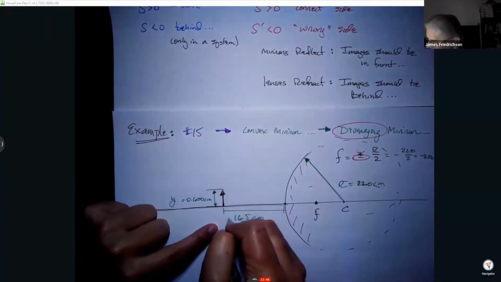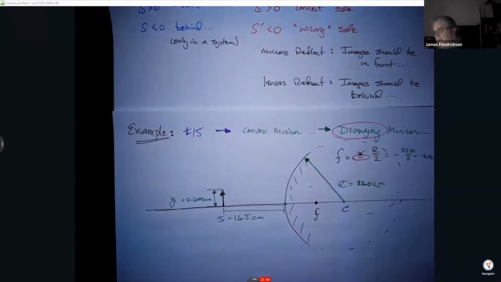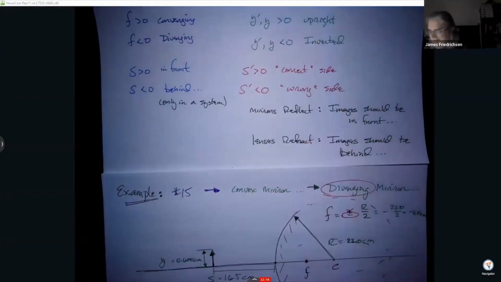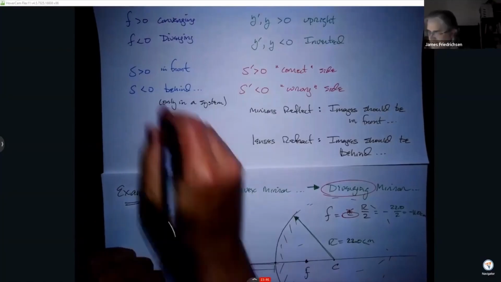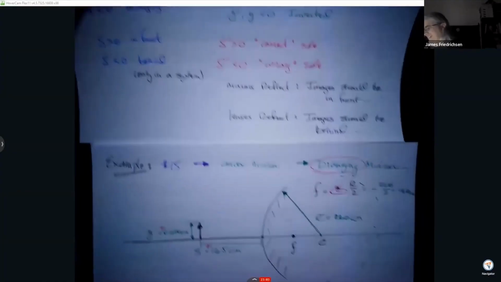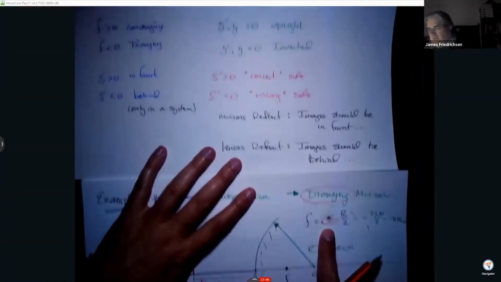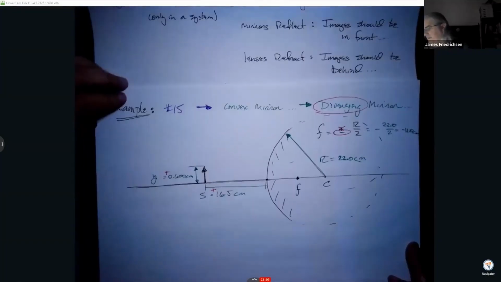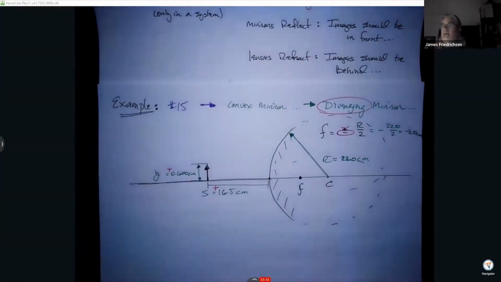This is going to be the object distance. Since the object is right side up, then it's going to be a positive object height. Since the object is in front of the mirror, this is a positive object distance. And since this is a diverging mirror, we need the negative focal length, which is just half the radius of curvature. Okay. And so there's my image.